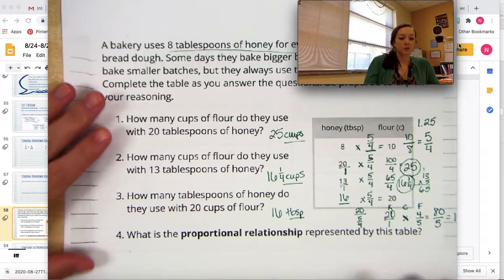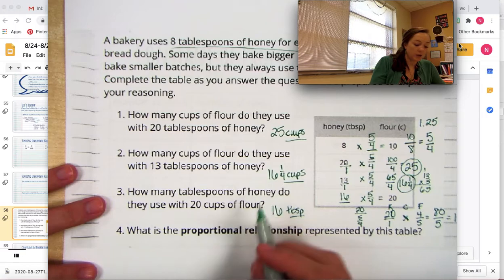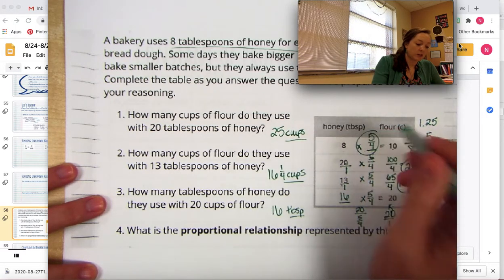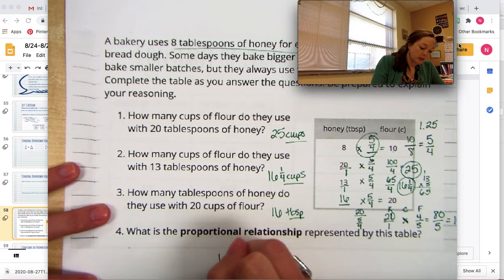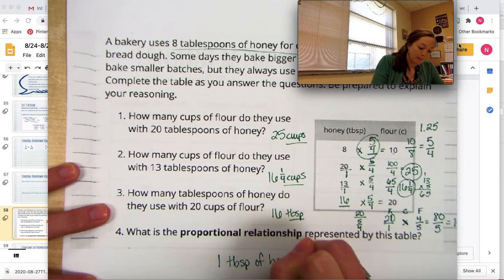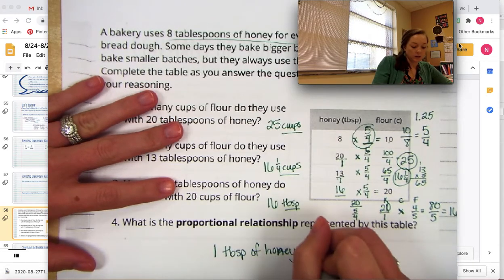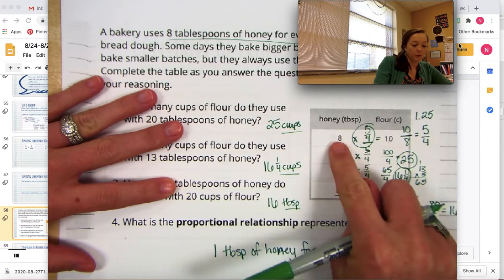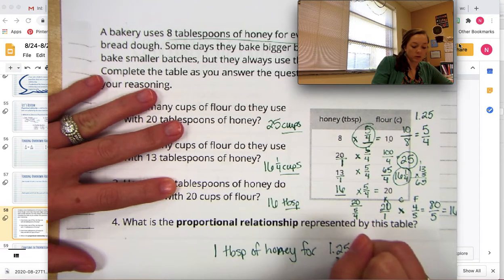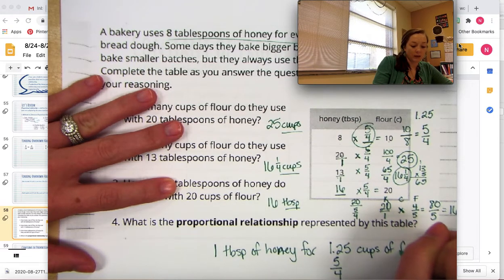And the very last question, what is the proportional relationship represented by this table? So we know we need a scale factor. So we can say scale factor is 1 tablespoon of honey is going to give us 1.25 or 5/4 cups of flour.